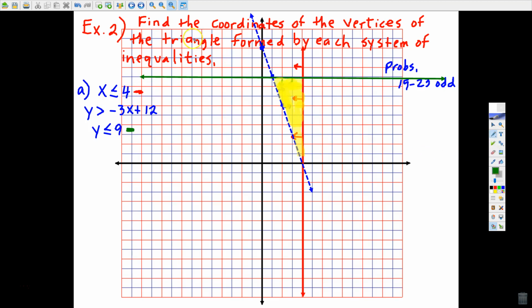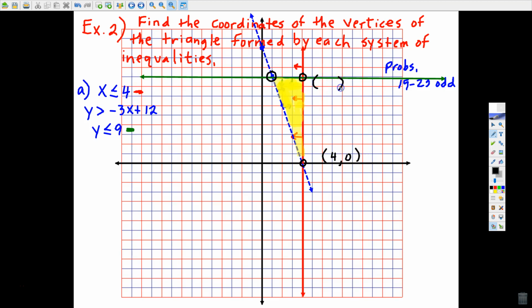Okay, now let's take care of this part. Find the coordinates of the vertices. That's just talking about these vertices, these corners where two lines cross, forming the corners of our triangle. And we just have to write down the ordered pairs of these vertices. So this one on the bottom is the point (4, 0).